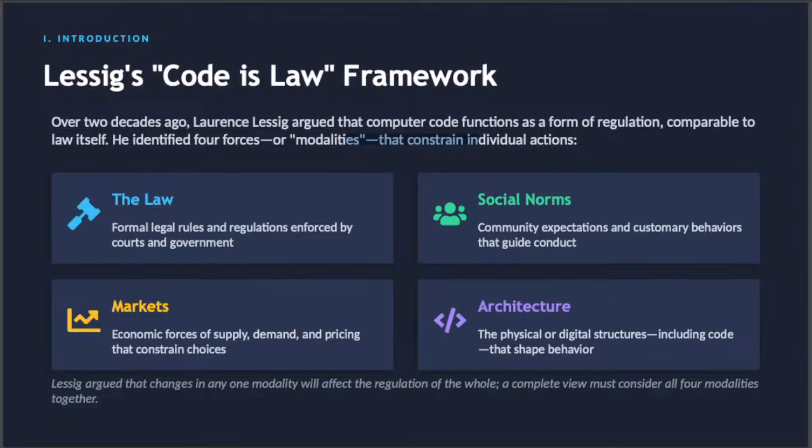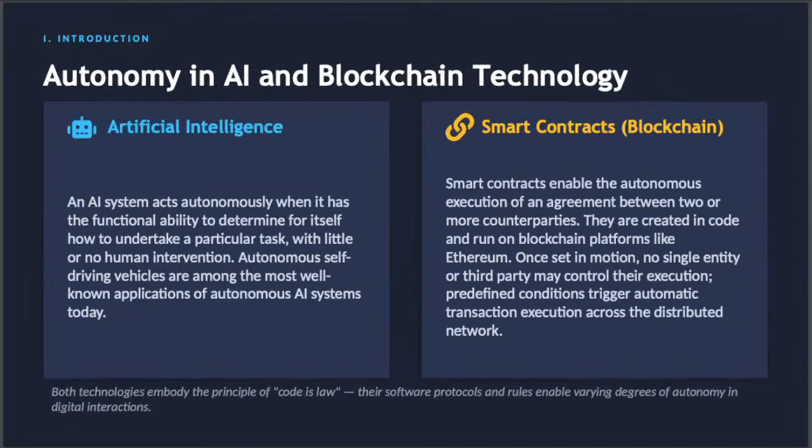So let's focus now on these 4 modalities as we continue and look at autonomy in artificial intelligence and blockchain technology. So let's look at this artificial intelligence with this very friendly looking robot icon.